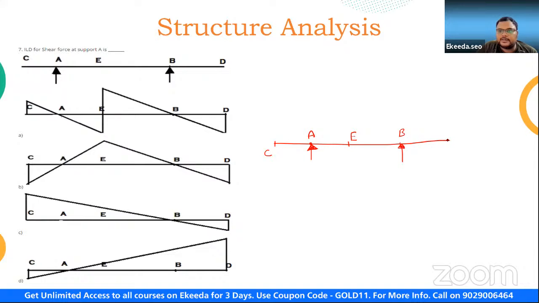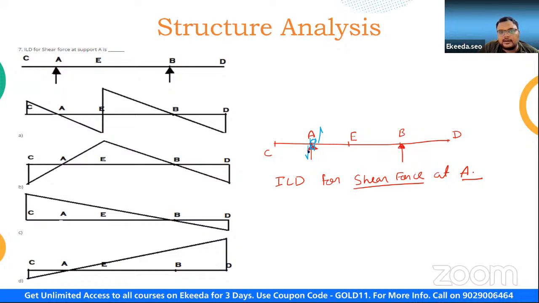There is one support at B and this is point D. Now, what the question says, we have to determine ILD for shear force at support A. Right, guys? It means in this case, we have to find out the shear force at support A. So when we have to find out the shear force at support A, it means we have to apply one roller here, and this roller will go down in this direction and this will go up in this direction, right?